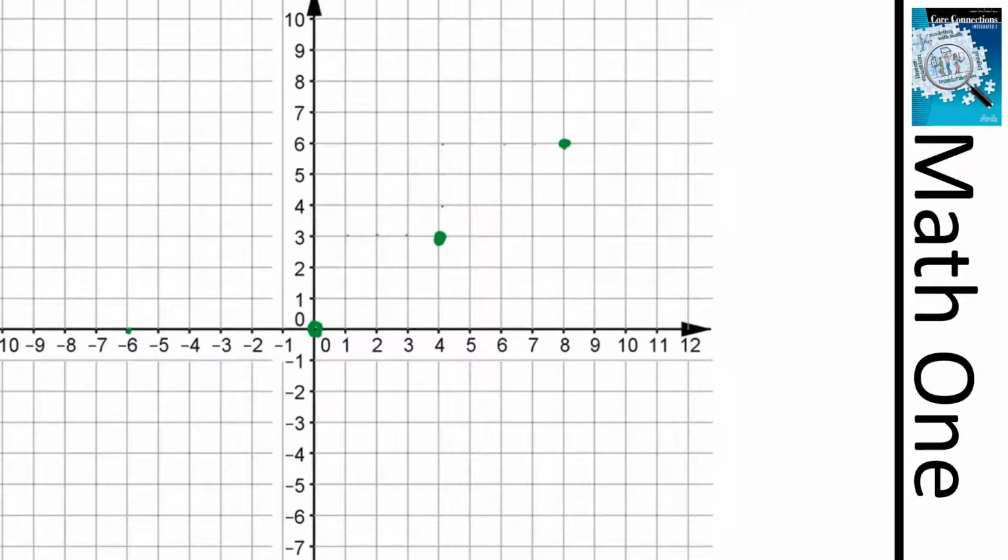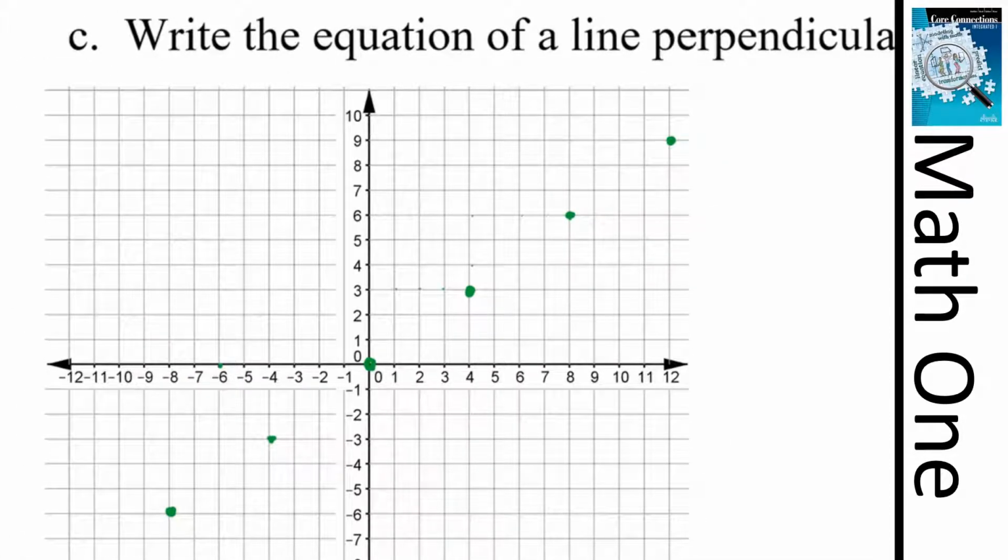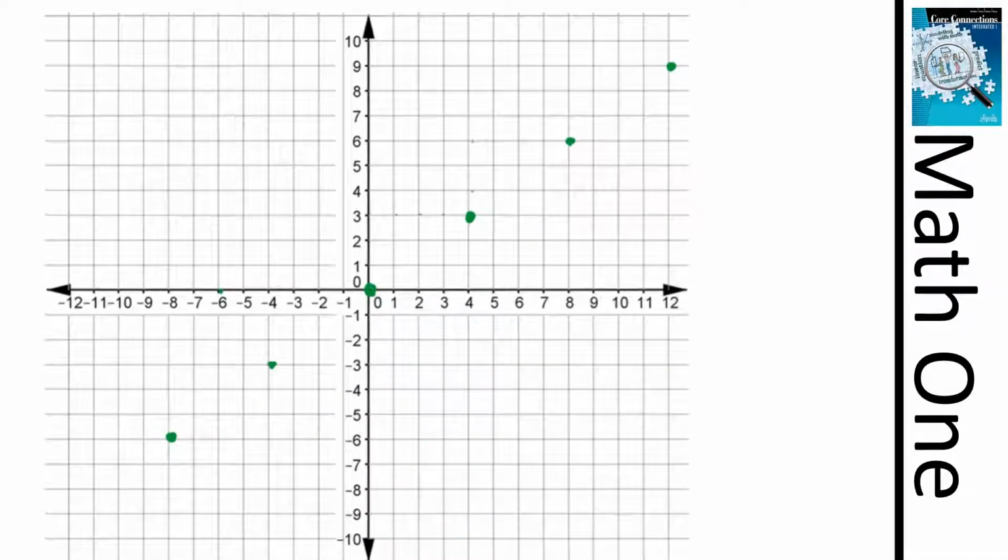Up 1, 2, 3, and then over 1, 2, 3, 4. And then I can also go down 3 and back 4, and then down 3 and back 4. So I can clearly see the line there. Let me grab my ruler and try and hold that in place while I draw the line that goes through there.